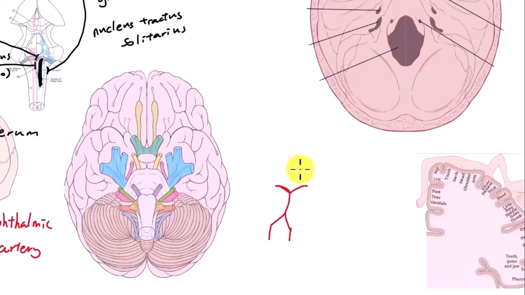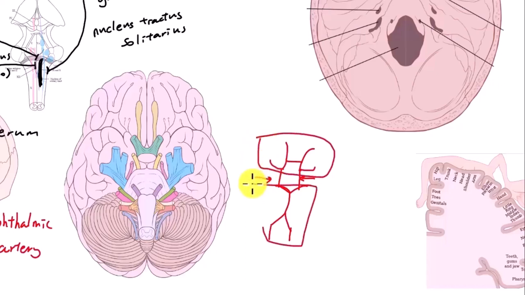The posterior communicating artery links the anterior system to the posterior system, and there's the anterior cerebral artery, middle cerebral artery, and there is the anterior communicating artery. And like I mentioned, the posterior communicating arteries are the ones that link the carotid system, the anterior system, to the posterior system.